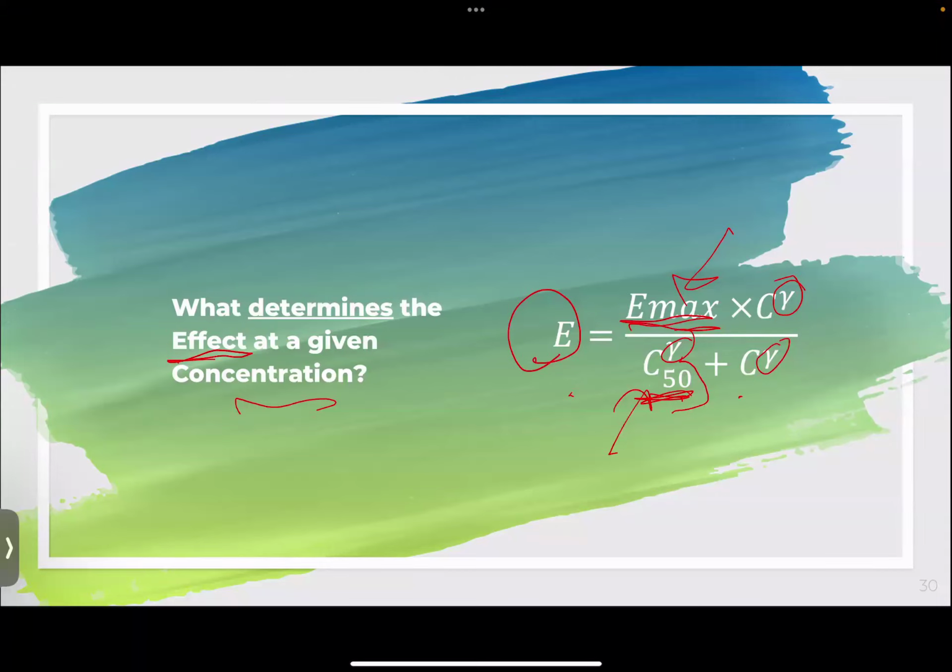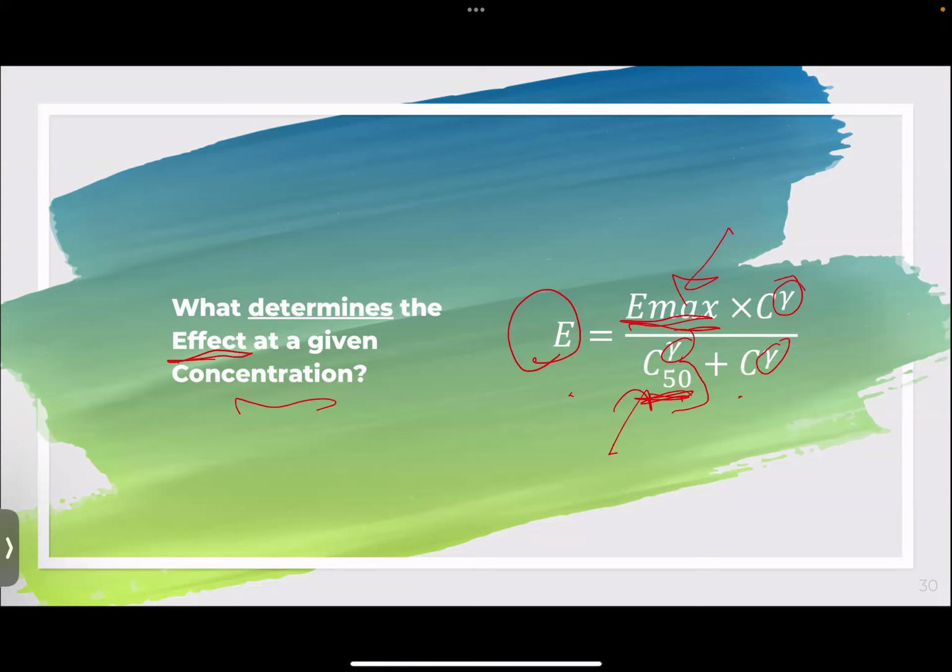C50 is also a measure of what? What does C50 measure? Somebody mouth it to me if you're afraid to say it out loud. The lower the C50, the higher the potency. That's right.